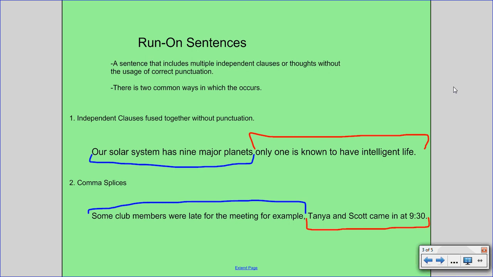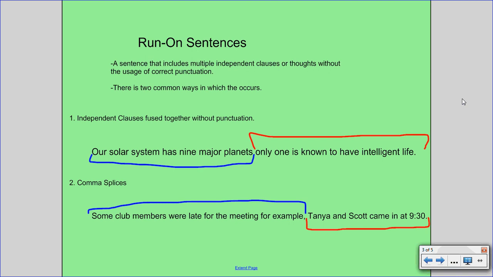By rule, a run-on sentence is simply a sentence that includes multiple independent clauses or thoughts without the usage of correct punctuation. And there are two common ways in which we see this occurring. The first is through fusing, what's called a fused sentence, where a writer will take two independent clauses and just stick them together in a sentence without any kind of punctuation.